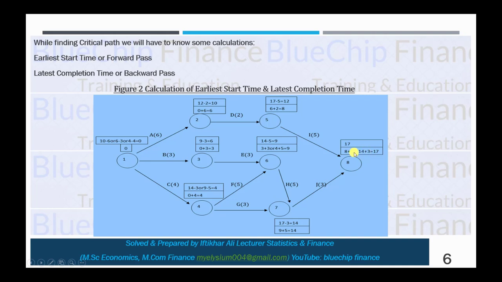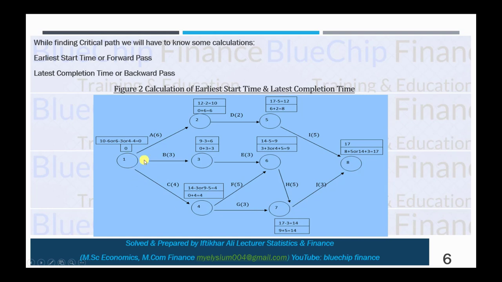Why did we note 14 plus 3? Because there is another path which is ending here. So the maximum total we will write down here. So 8 plus 5 equals 13, but if you see from here, 14 plus 3 equals 17. So we need the maximum. That is why we ignore this and write down 17. So this path is completed.